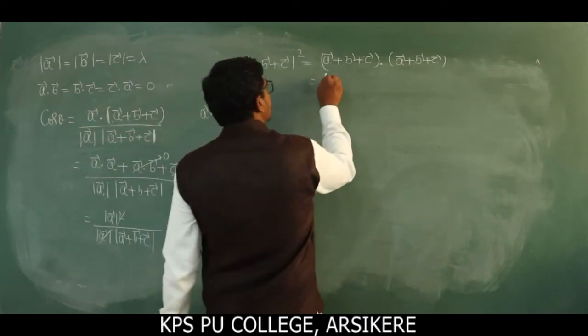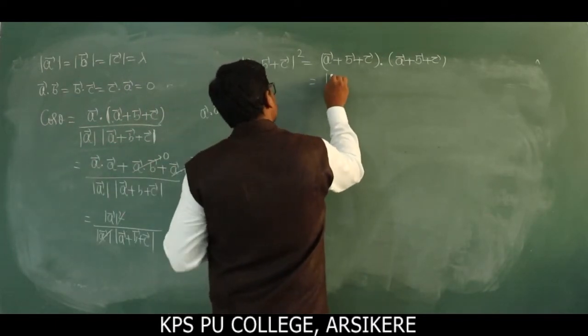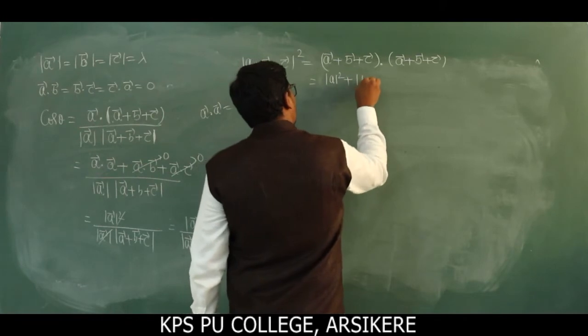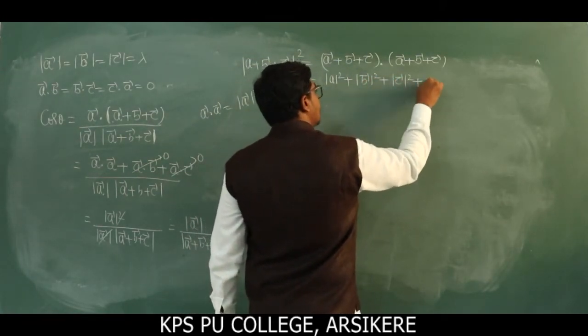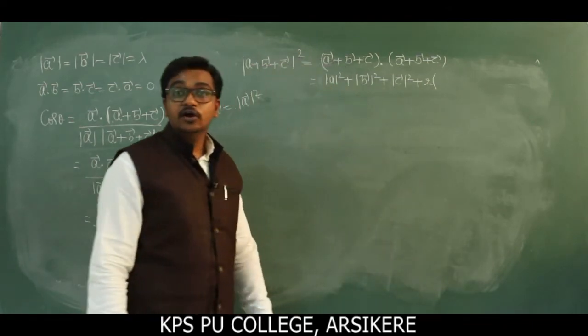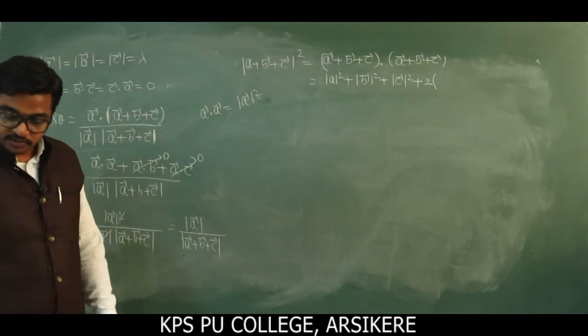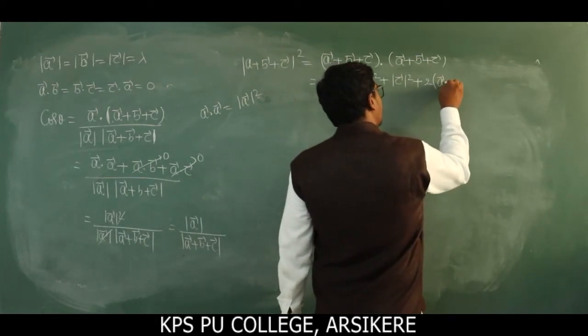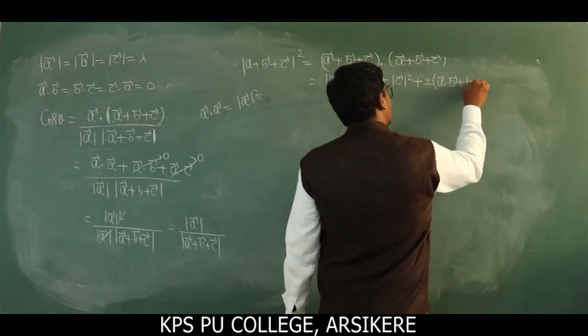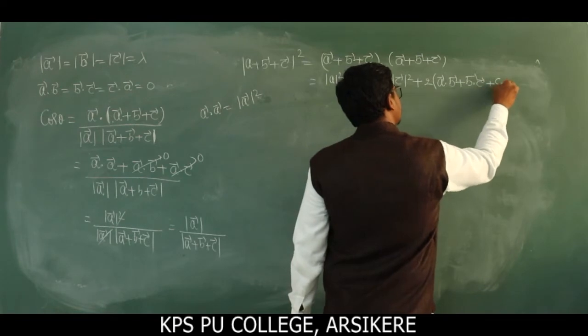Let us expand. This expansion we can solve directly here. This is magnitude of vector A whole square plus magnitude of vector B whole square plus magnitude of vector C whole square plus 2 times of A dot B plus B dot C plus C dot A.